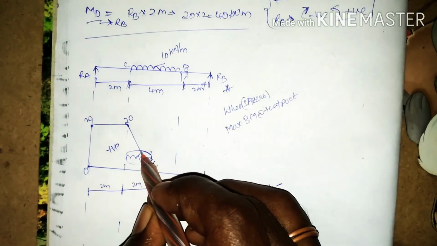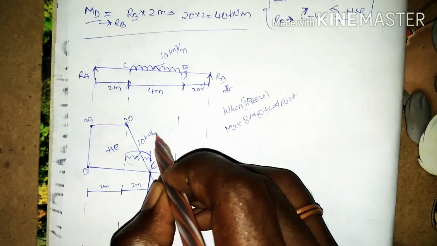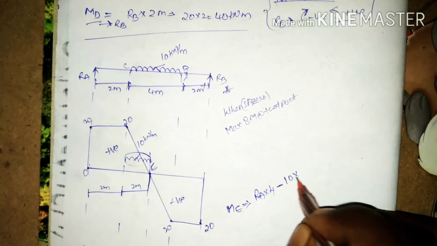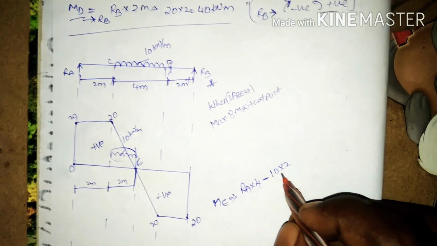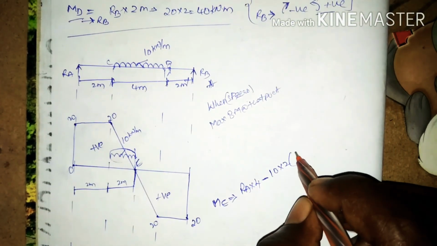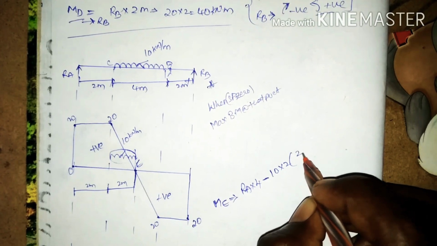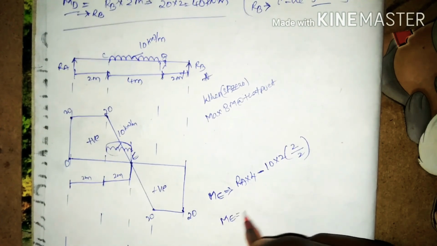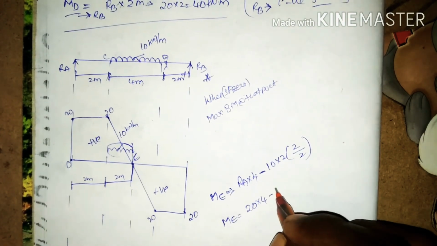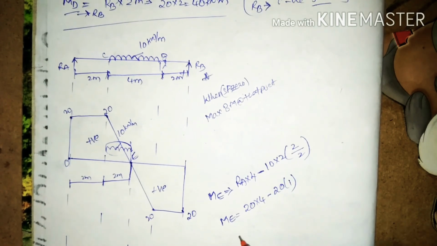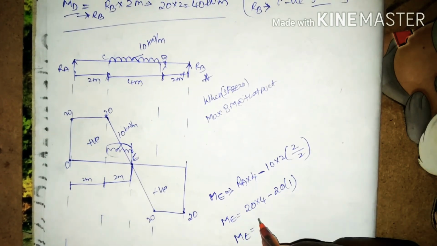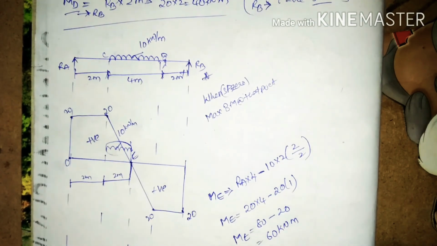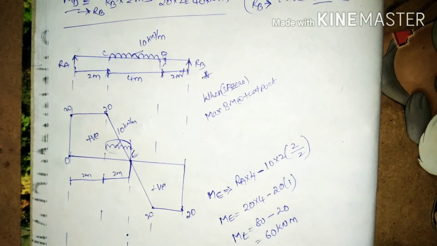The magnitude of the UDL is 10 kilonewton per meter, acting for 2 meters. 10 into 2, which is converted to a point load, taking the moments from midspan, 2 by 2. Moment about E is equal to 20 into 4 minus 20 into 1. Moment about E is equal to 80 minus 20, that is 60 kilonewton meter. The value will be 60 here.